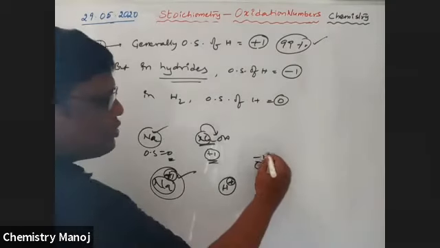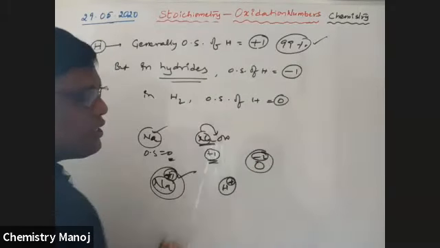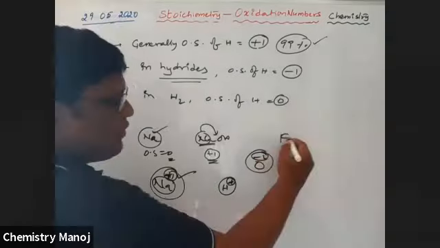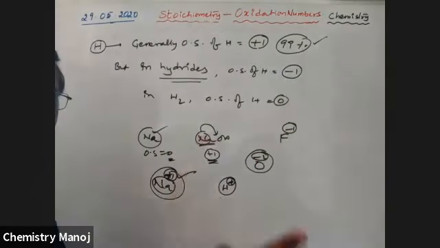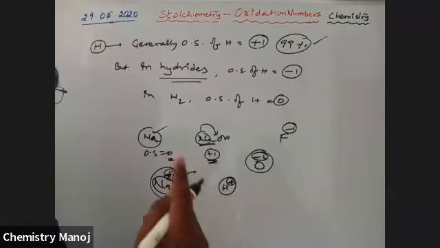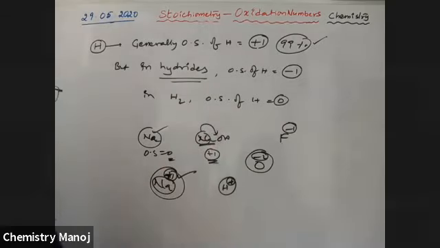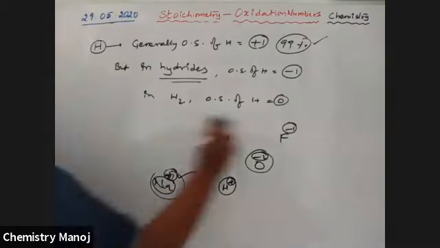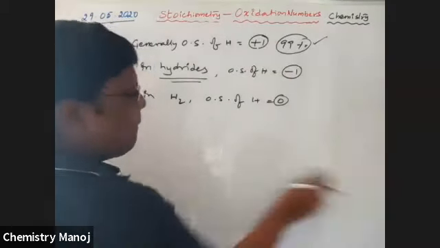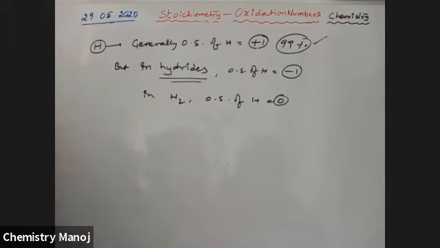In O2-, what is the oxidation state of oxygen? -2. In F-, what is the oxidation state of fluorine? -1. So if a single element is in ionic form, the oxidation state is equal to its charge. Here H2 is equal to 0. Okay, that is about hydrogen.